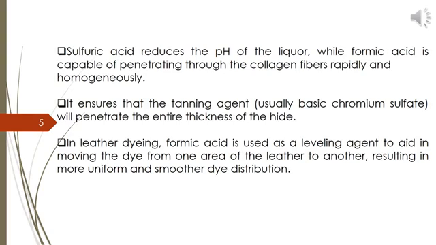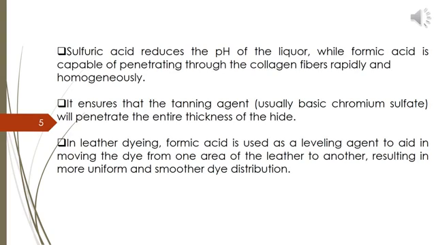Sulfuric acid reduces the pH of the liquor, while formic acid is capable of penetrating through the collagen fibers rapidly and homogeneously. The tissues present in the skin are made up of collagen fibers.